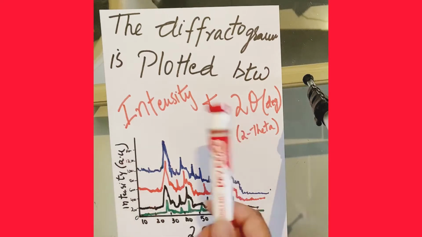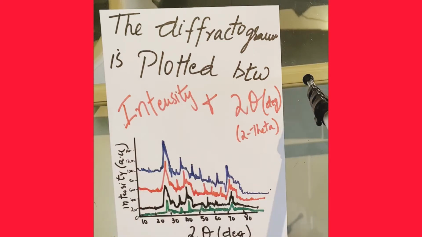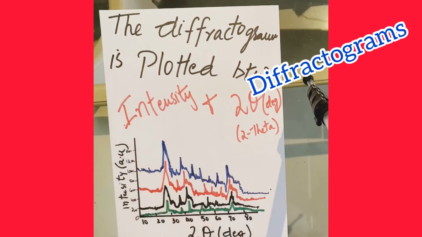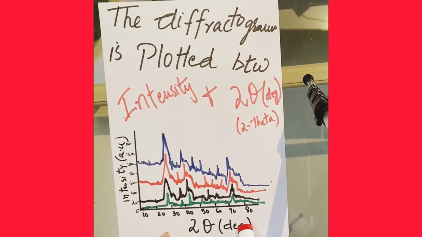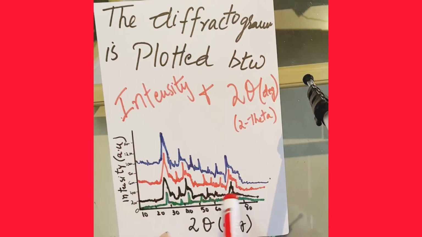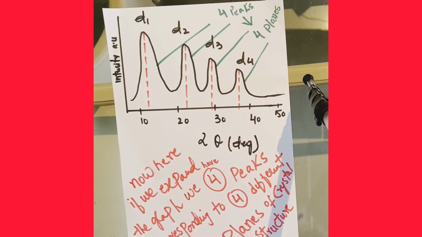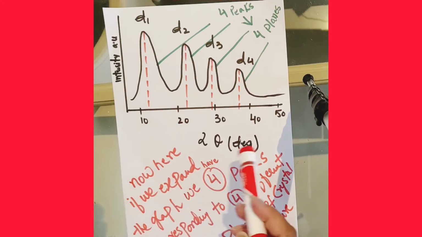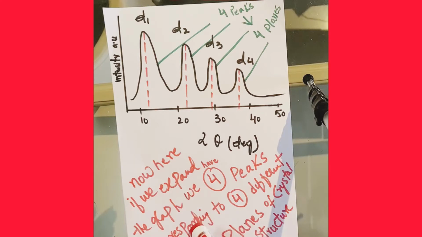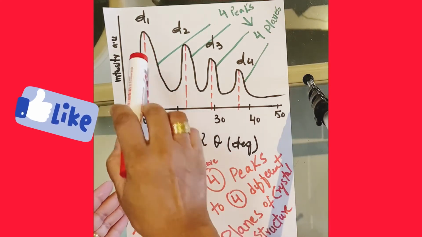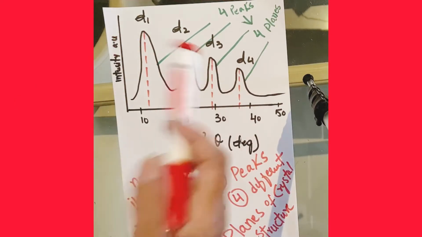Here, this is a typical diffractogram plotted between intensity in AU and 2 theta degrees. You can see different diffractograms shown here with different colors so that you can see the different peaks and peak heights. Now, if we expand the graph, we have here 1, 2, 3, 4 peaks, as I mentioned earlier.